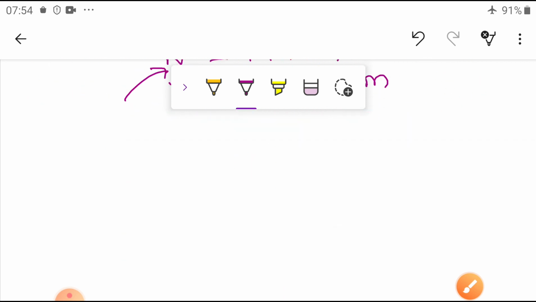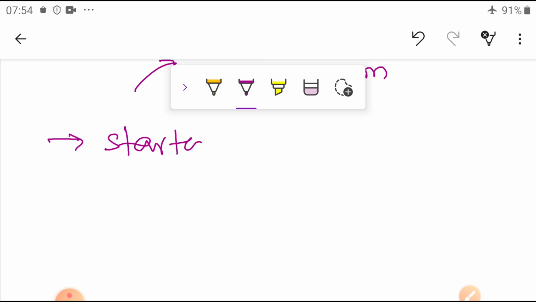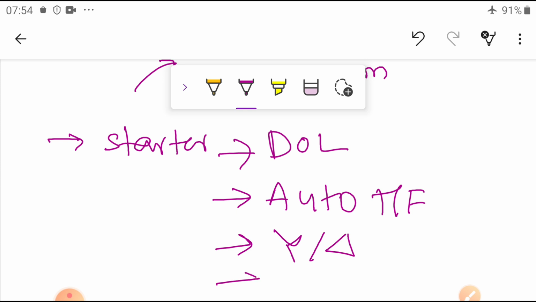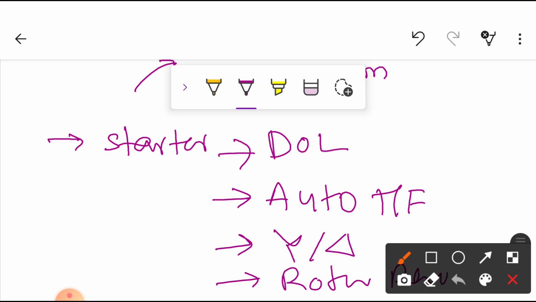Up to now, first, what is a starter? In starters we have seen the DOL starter, direct online starter, the auto transformer starter, and the star delta starter. And today we have discussed the rotor rheostat starter. So these are the starters we have discussed.